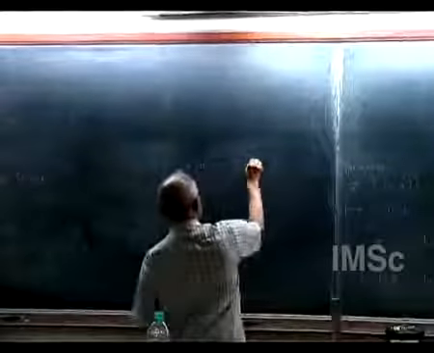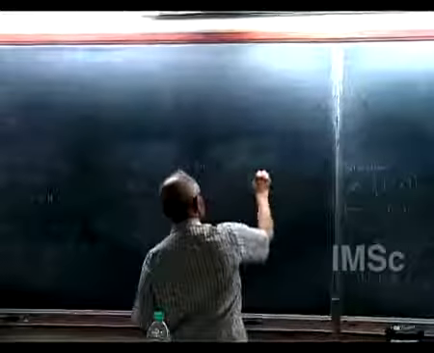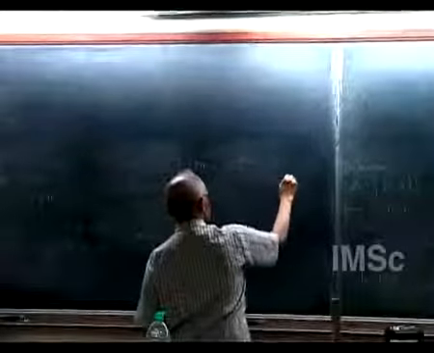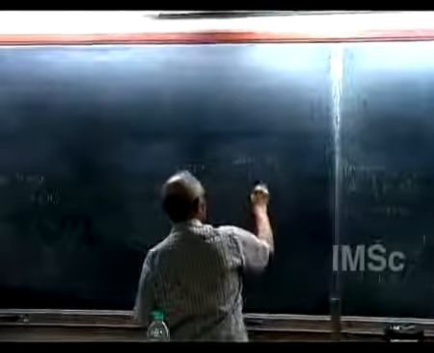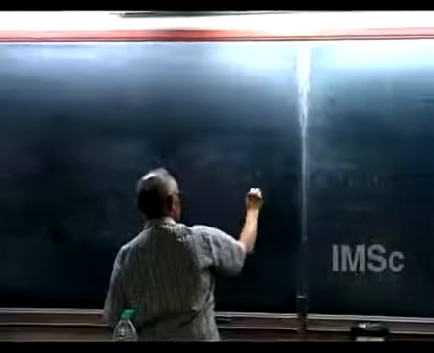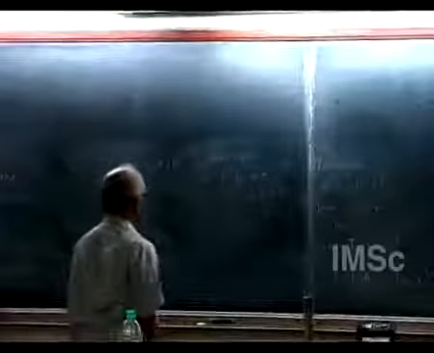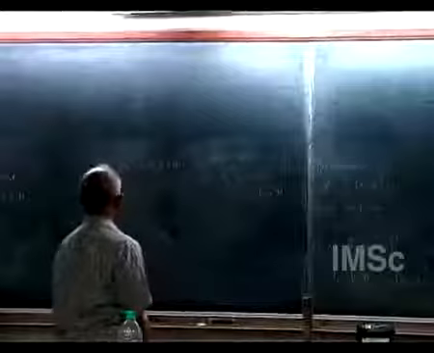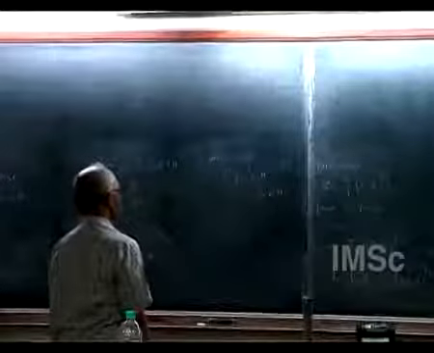Now the only if direction: if g1 inverse g2 belongs to H, we know that g1 inverse g2 is some h in H. What I want to say is that g1 and g2 belong to the same coset.